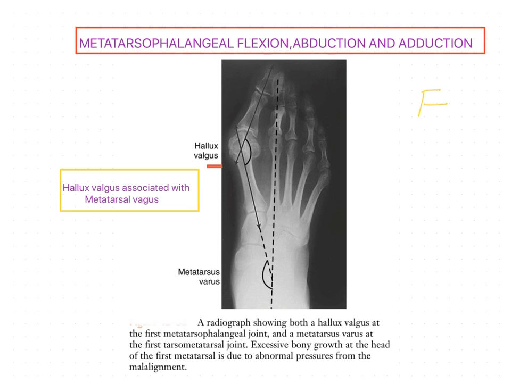For example, here you can see, this is the neutral position and this is the extension of the metatarsophalangeal joint, and then again it comes back to the neutral position. This we can see as the flexion of the metatarsophalangeal joint.